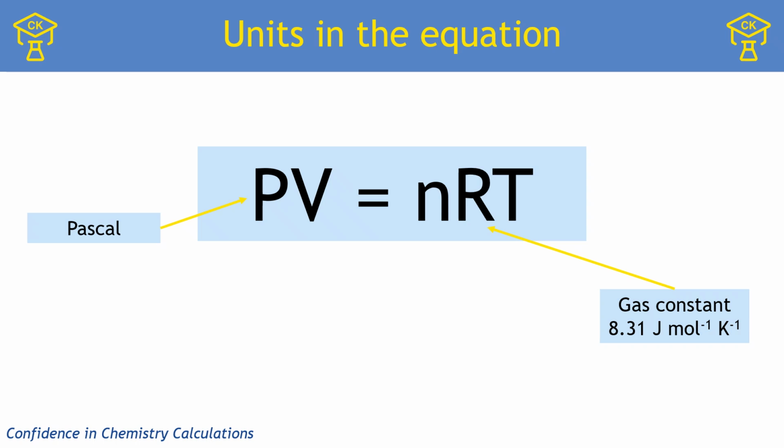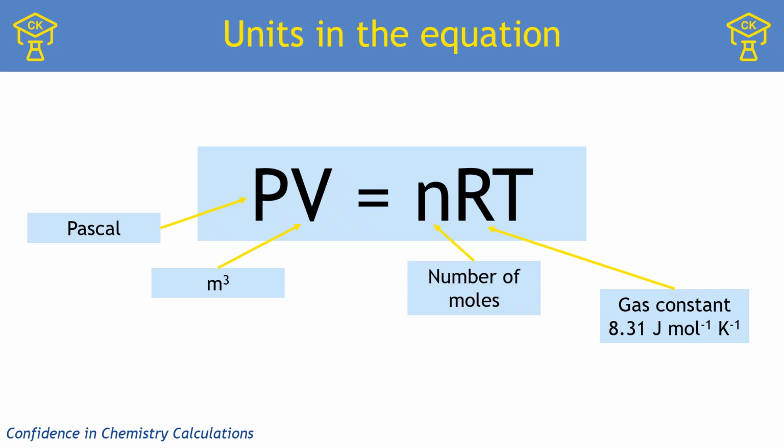Quite often in questions we're given the data in kilopascals, so we have to convert it. Pascals, incidentally, is a Newton per meter squared. Volume is measured in meters cubed. This is quite different to what we're used to measuring volume in chemistry, which is normally centimeters cubed and decimeters cubed.